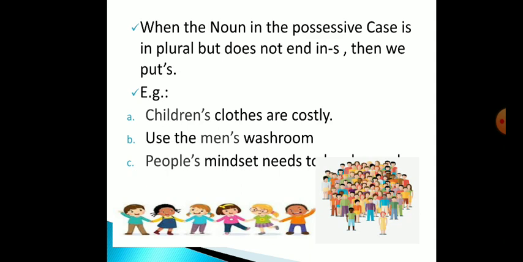So here peoples, we are talking about a group of people in the sentences. So when we are talking about the group of people, here we are making a new word from the peoples.